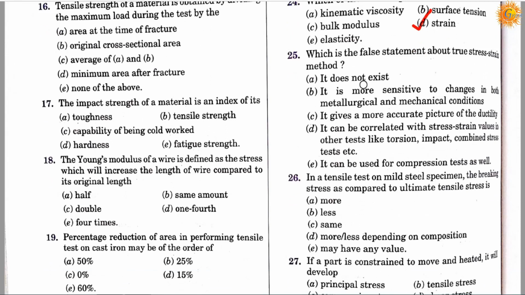Option A, it does not exist; option B, it is more sensitive to changes in both metallurgical and mechanical conditions; option C, it gives a more accurate picture of the ductility; option D, it can be correlated with stress strain values in other tests like torsion, impact, and combined stress tests etc.; and option E, it can be used for compression tests as well.